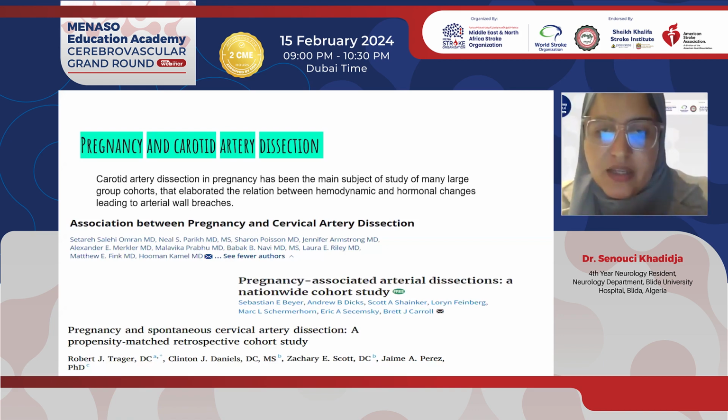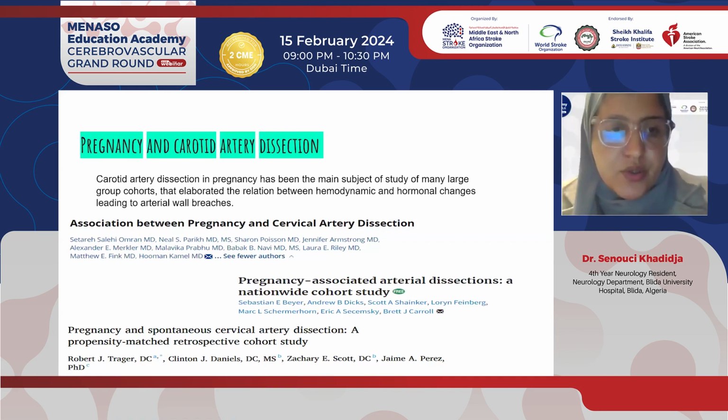The second large cohort was the Bayer cohort of Harvard University, which studied a nationwide cohort of approximately 18 million pregnant patients, among which almost 1,000 patients presented with pregnancy-related artery dissection.